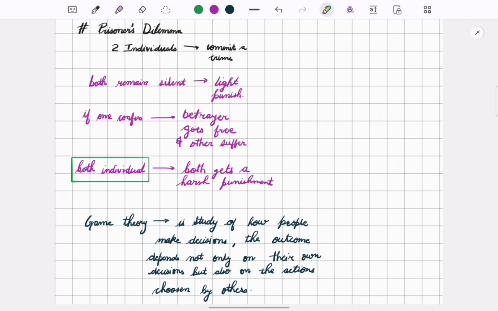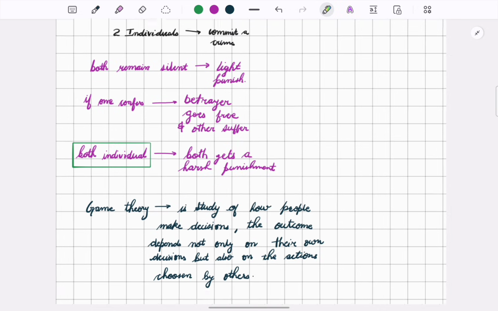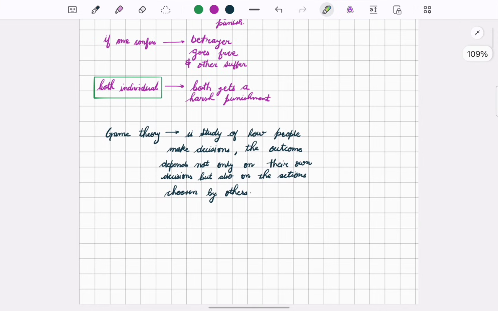So this gives us a framework of situations where individuals are interacting with each other and each is choosing their own action, but their own action alone does not determine the level of outcome they achieve. It is the interaction of all the individuals collectively that impacts the outcome or the conclusion they reach.